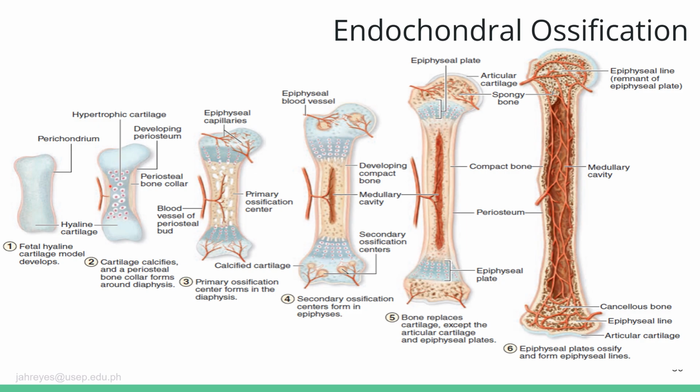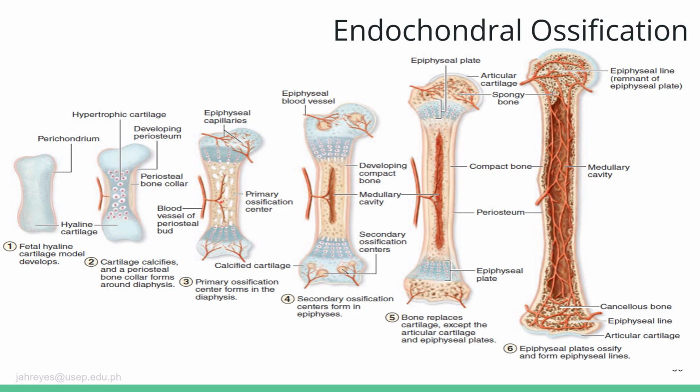And here there will be production of osteoblasts, or the bone forming cells. And then there will be formation of hypertrophic cartilage cells in the cartilage model, and further ossification will occur.